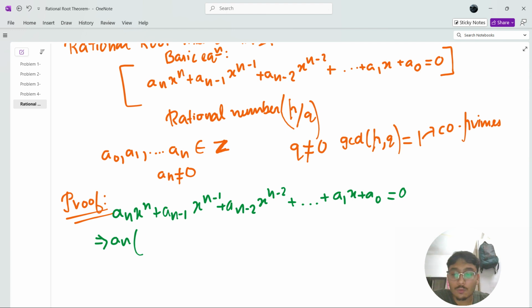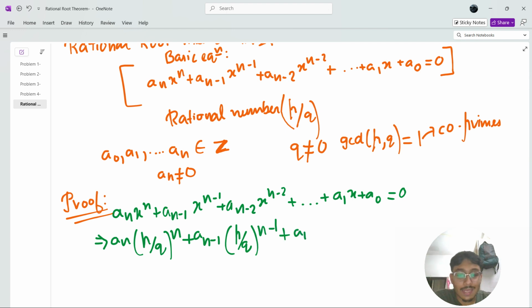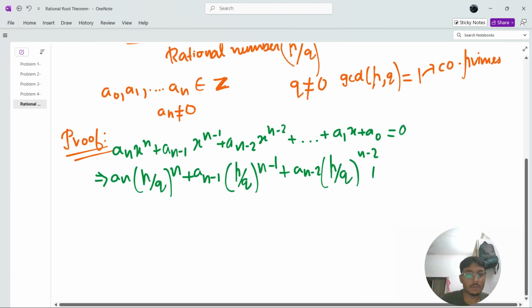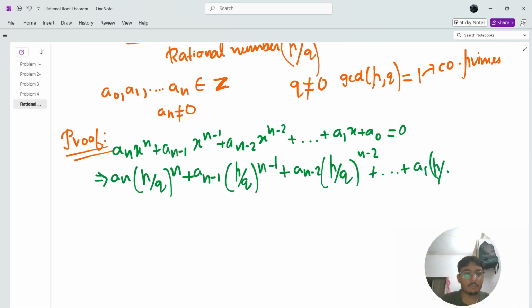So a_n into (p by q) to the power n plus a_(n-1) into (p by q) to the power n minus 1 plus a_(n-2) into (p by q) to the power n minus 2 plus ... plus a_1 into p by q plus a_0 equal to 0.